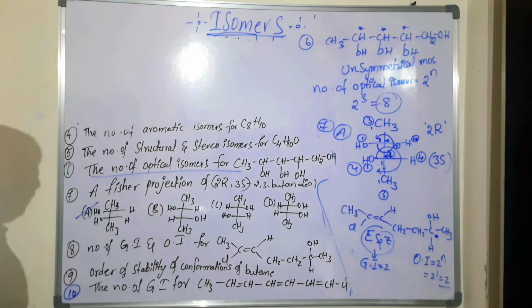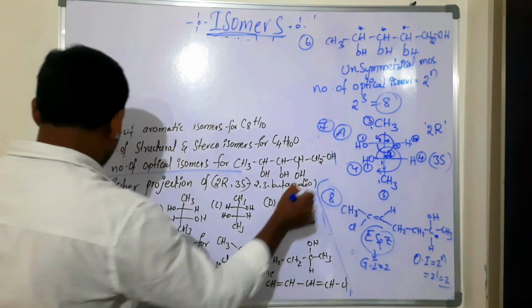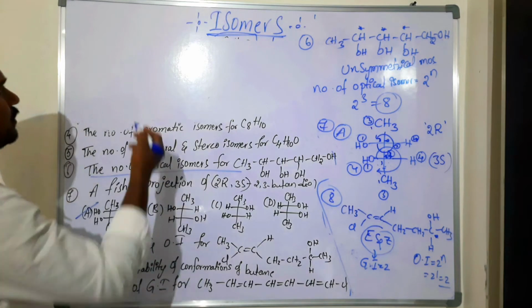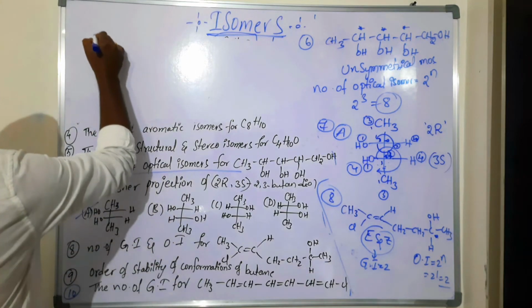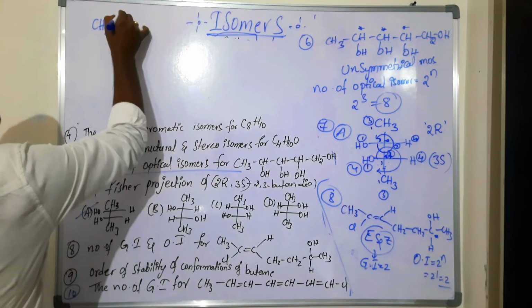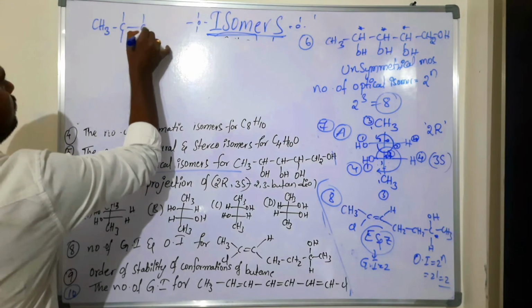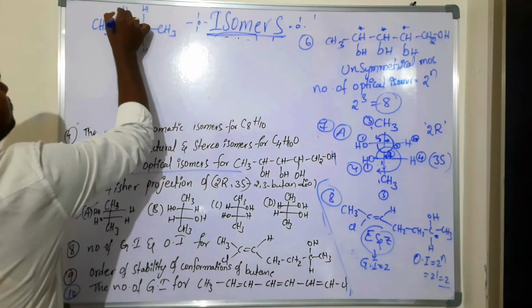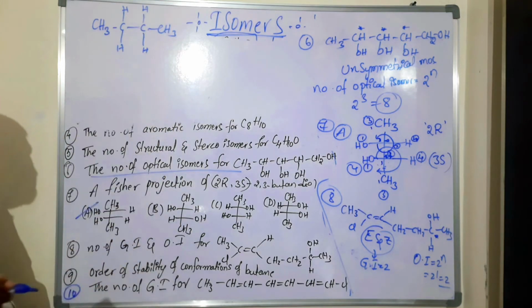Next, question number 9: order of stability of conformations of butane. Now you see here, this is butane, CH3, CH3, H, H. So it is a conformational isomer.